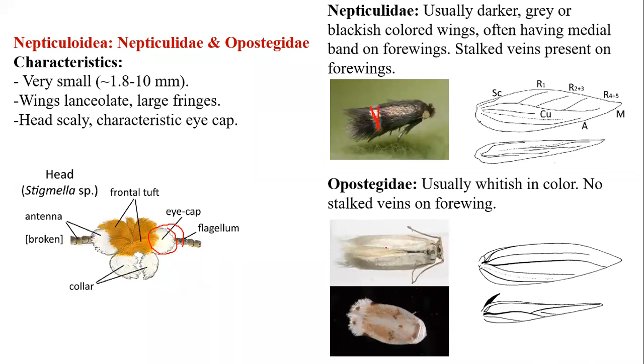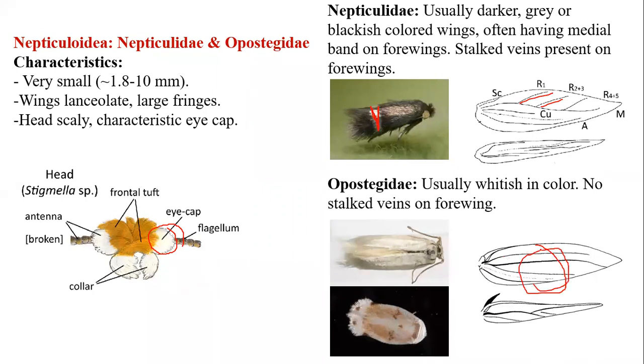And on the opposite hand, the family Opostasidae tends to be usually whitish in color. And secondly, the important feature is their wing venation. In case of Nepticulidae, they usually have branched veins on their forewing. You are seeing that their forewing veins are showing branching patterns, while in case of Opostasidae, they actually don't have any branching vein on their forewing.